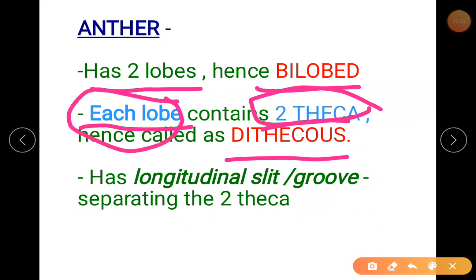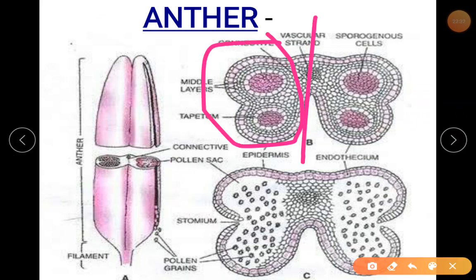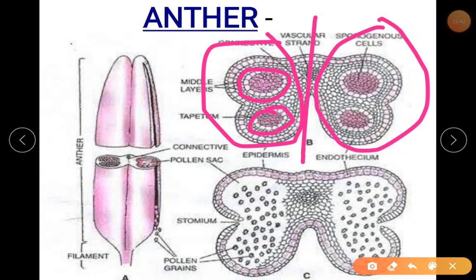Remember, each lobe. So we are talking about one lobe over here, another lobe over here. Okay. You can find circles here. This is your microsporangium. That microsporangium we call theca.